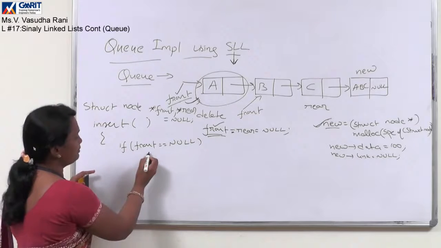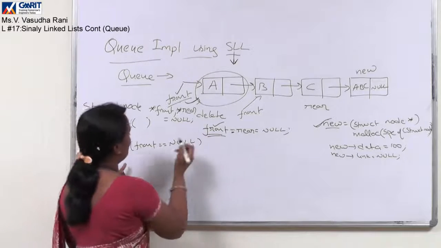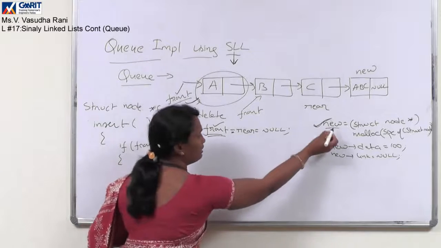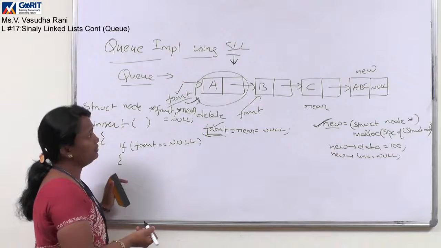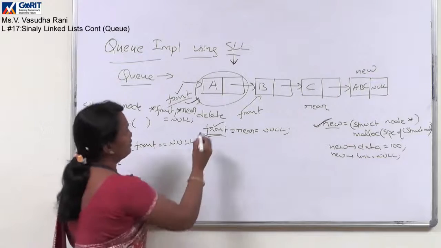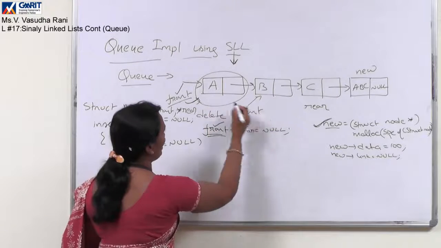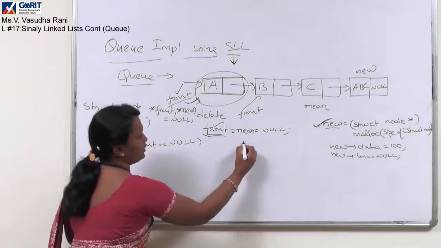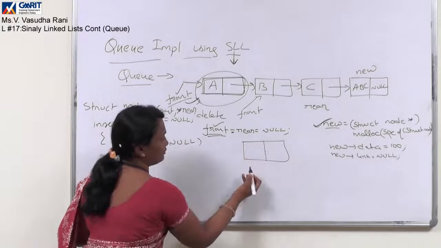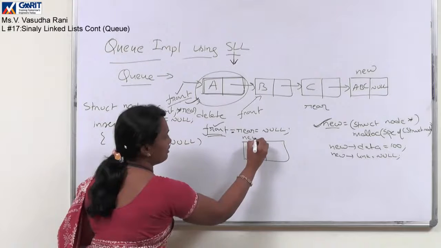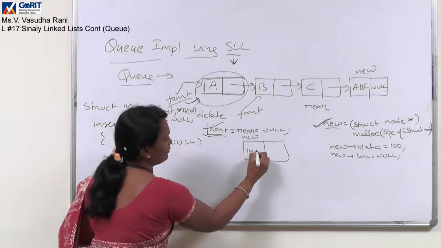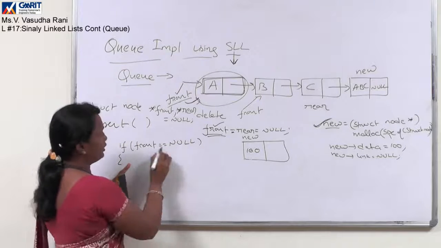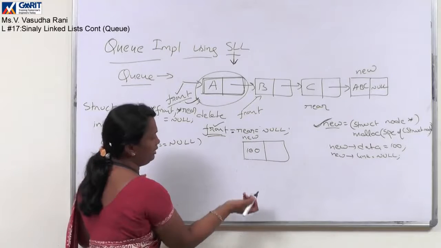So if front is empty, there are no nodes, and your new node will become the first node in the queue. So how to make this new as your first node? Like you take this is your new node with 100 data. Now you have got your front pointer, rear pointer, both are null.